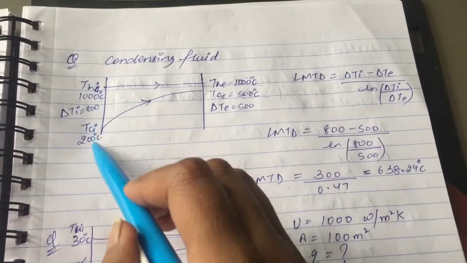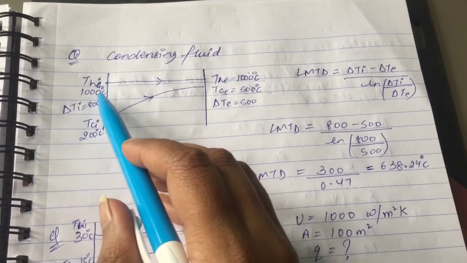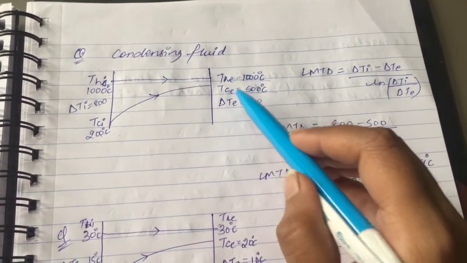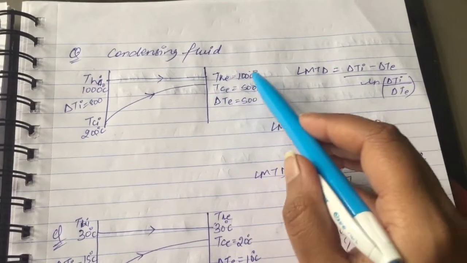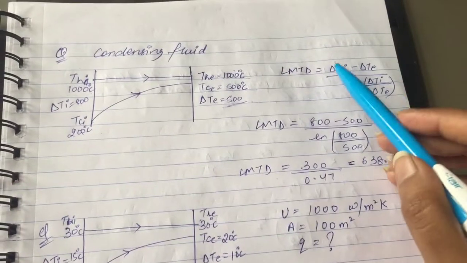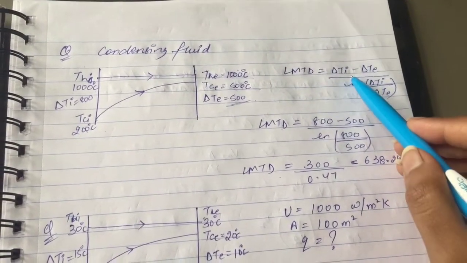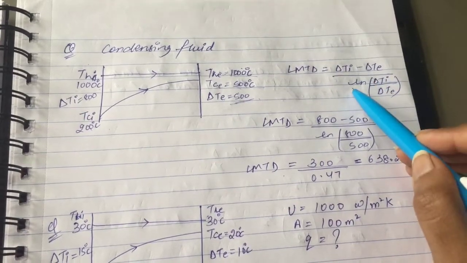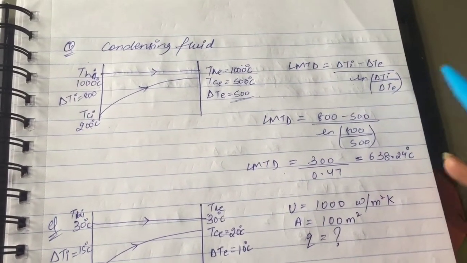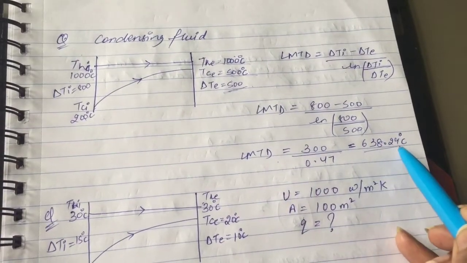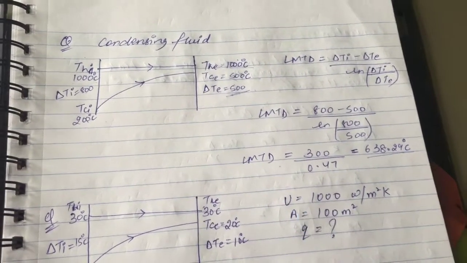So inlet temperature difference would be THI minus TCI, 800 degrees Celsius, and outlet temperature difference would be 1000 minus 500, which is 500 degrees Celsius. So LMTD would be delta TI minus delta TE upon ln delta TI by delta TE. Putting in the values, we get our LMTD as 638.24 degrees Celsius.